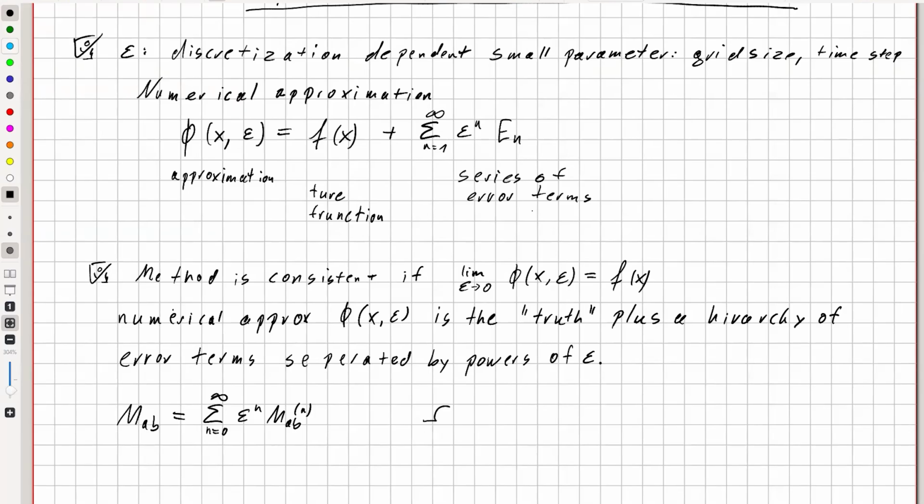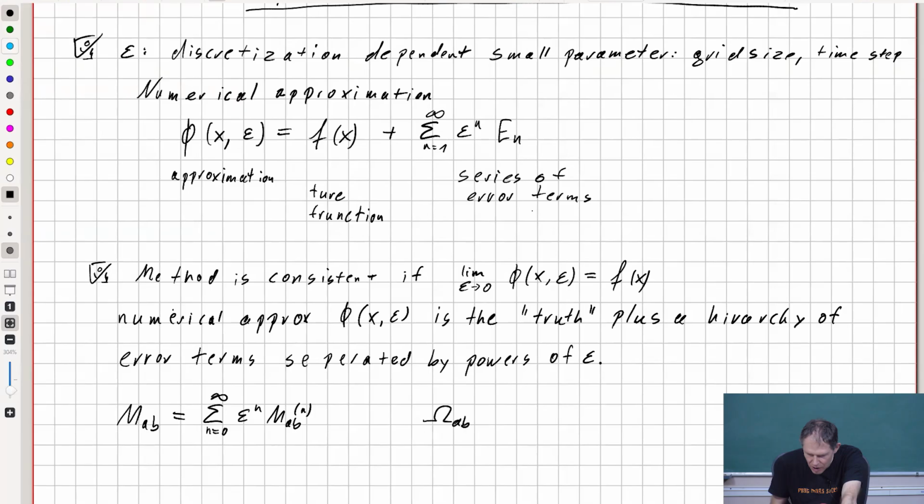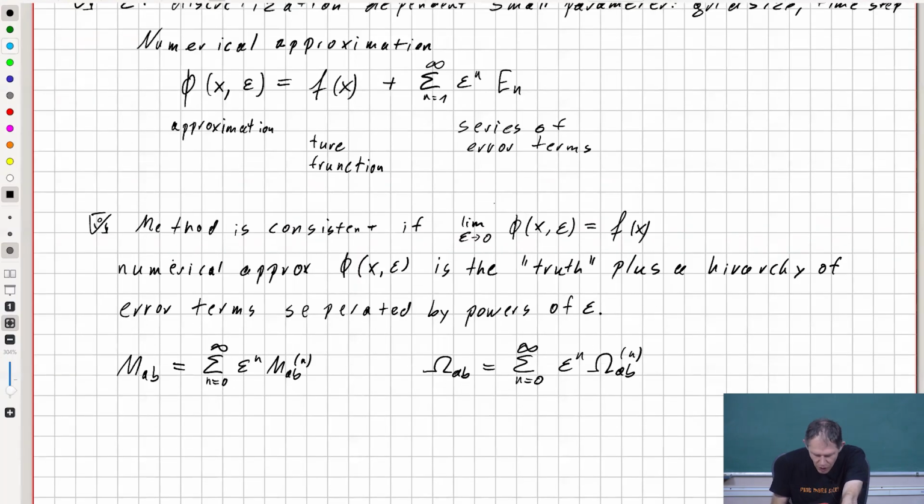And we can assume that we also can write the other moments, the collision moments, as a sum of the same kind, namely epsilon to the power of n times omega at the order of n. And the very, very important thing here is that all the information of the smallness parameter is in this expansion.